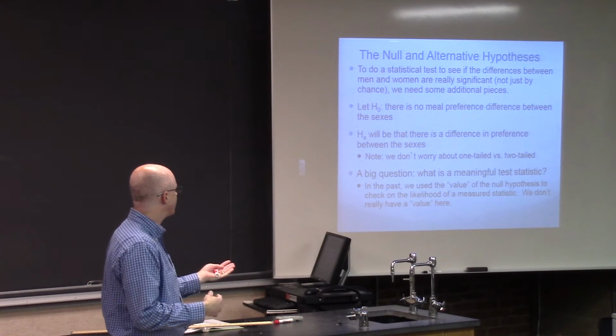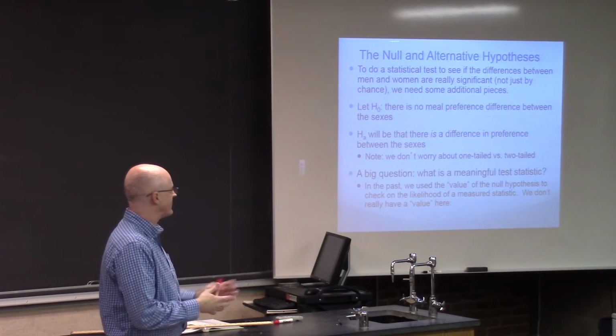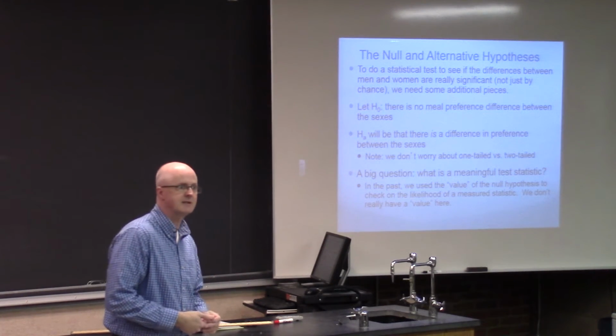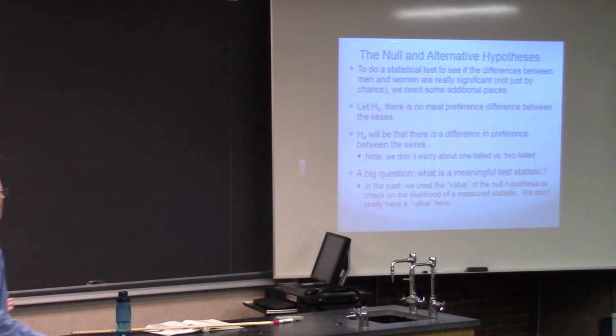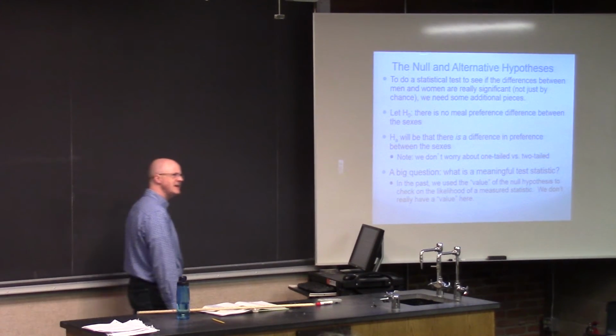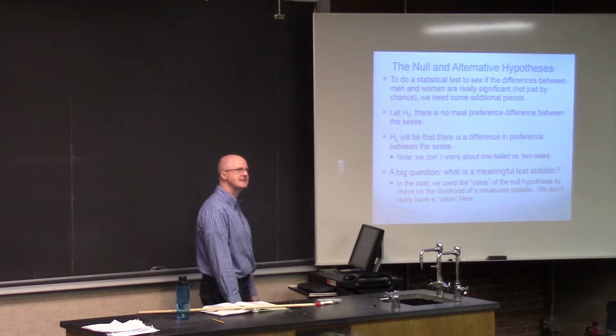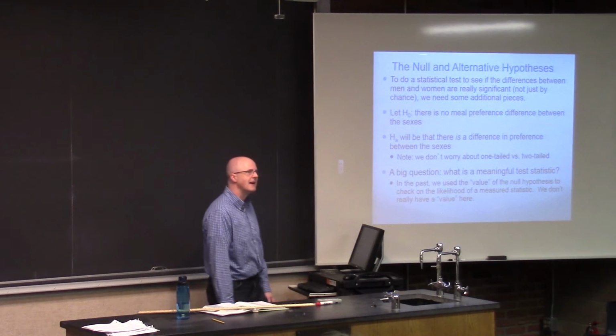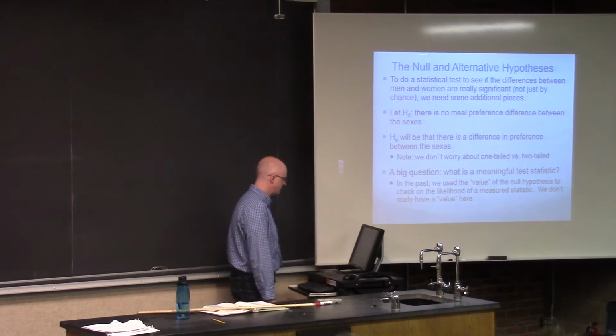We use the null value to check the likelihood of the measured statistic value that we get. But we don't really have a value here. What's the null value? There is no number in that null hypothesis. So this is kind of a mystery that we trust the statisticians to solve, and we'll see how they solve it here in a few minutes.